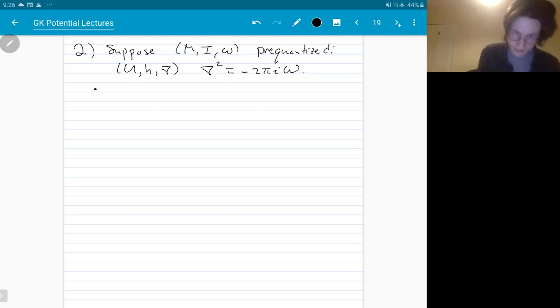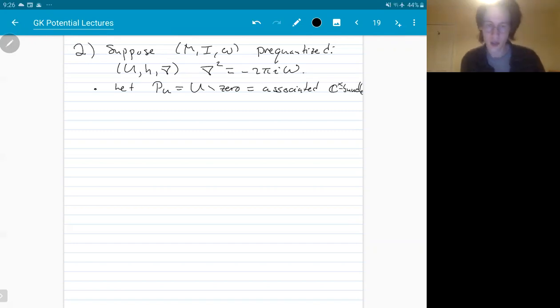Then let's define P to be the complement of the zero section, or in other words, the associated C star bundle of the holomorphic line bundle.